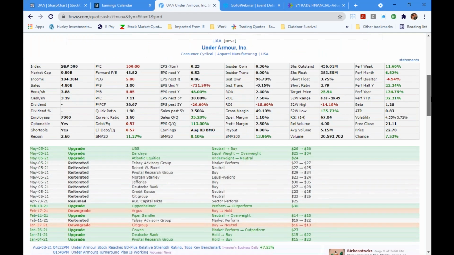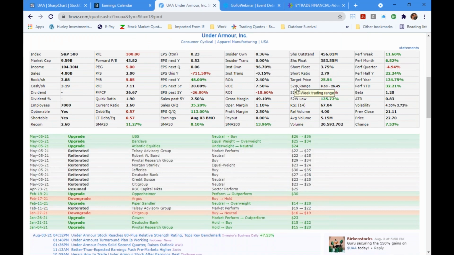It's done it in the past, but I didn't see any upgrades just yet. Price targets range from 26 to 36. Atlantic Equities, a no name, has them at only 24. Tolly Group, nowhere. Barrett only has them at 24.